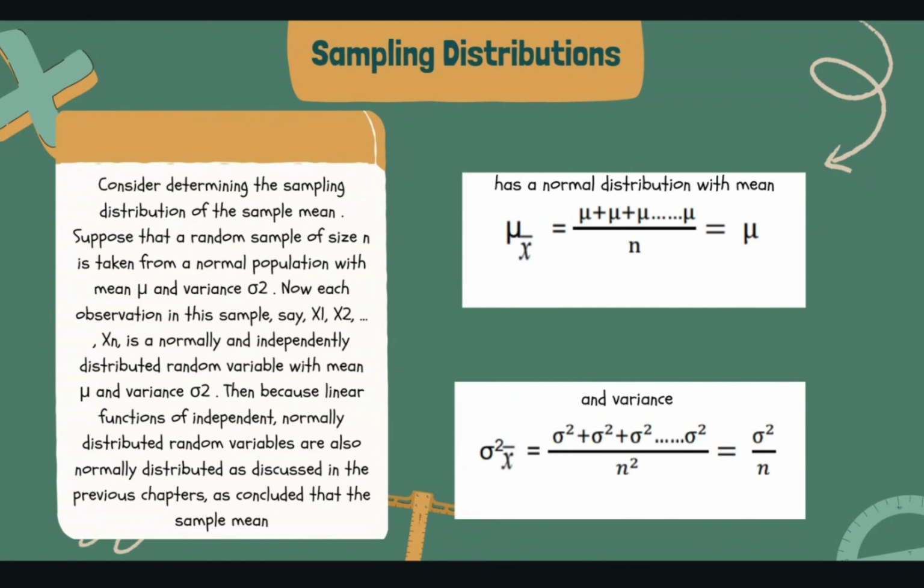Then, because linear functions of independent, normally distributed random variables are also normally distributed, as discussed in the previous chapters, we conclude that the sample mean has a normal distribution with mean mu x bar equal to the sum of mu over n, which is equal to mu, and variance sigma squared x bar equal to the sum of the variances over n squared, which is equal to sigma squared over n. Next slide, please.